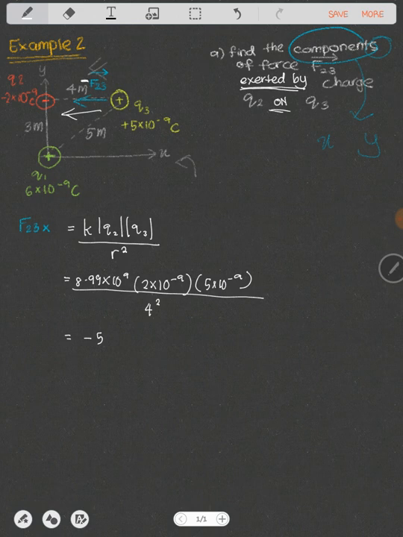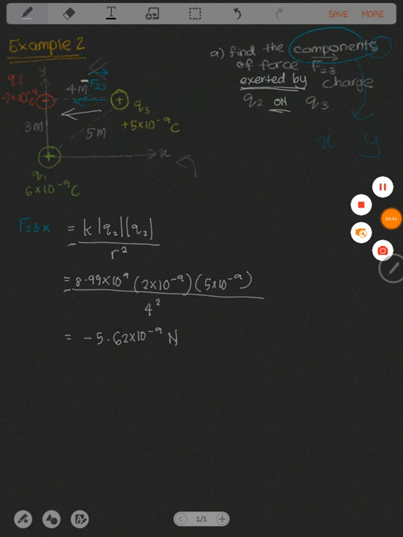Okay, negative indicates the direction is leftwards. So be prepared when we know it is negative. The answer is negative 5.62 times 10 to the power of negative 9 Newton. Okay, so this is the value of F23 x component.